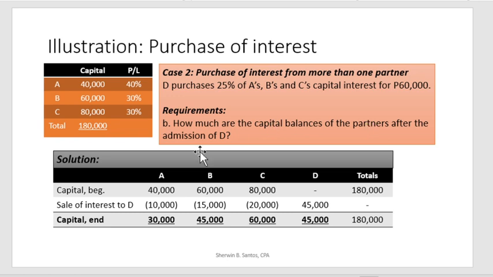So, we plot the beginning capital balances for A, 40, B, 60, C, 80. Si D, wala pa siya, so 0 pa yan. Total 180. Sale of interest to D.